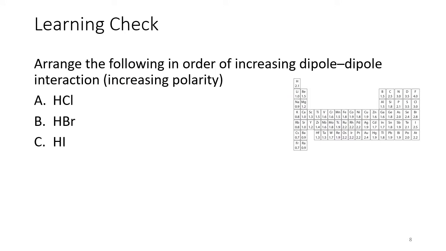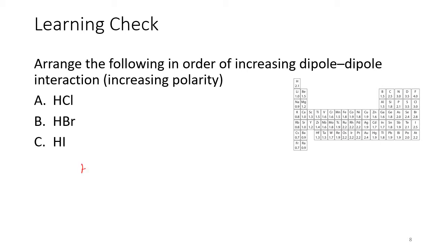Let's try another example. Arrange the following in order of increasing dipole-dipole interaction, or in other words, increasing polarity: HCl, HBr, and HI. We also have off to the right a chart of the electronegativities of the elements.